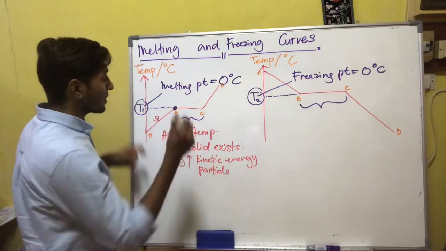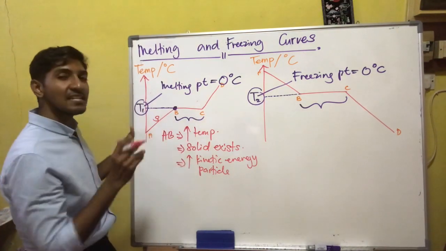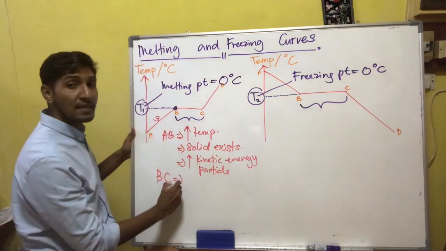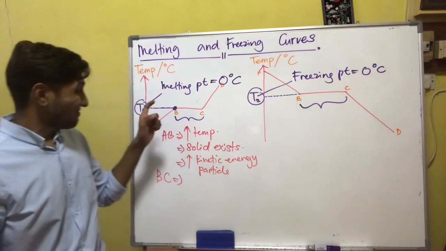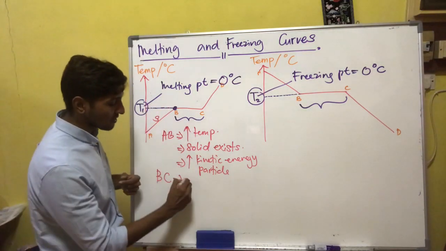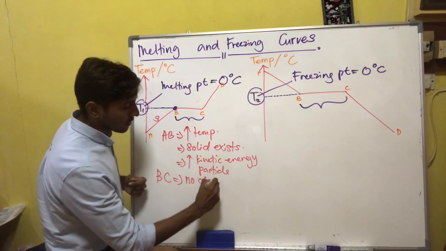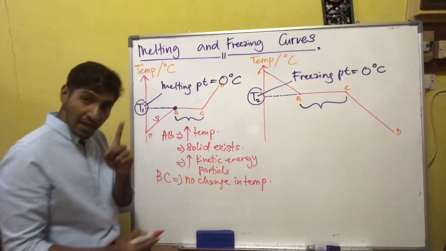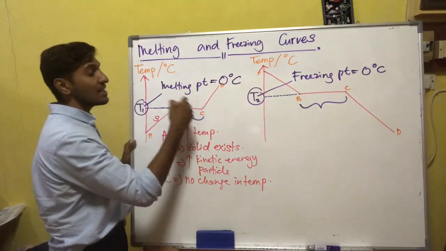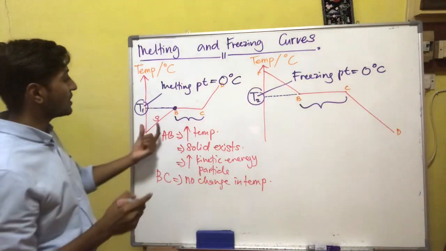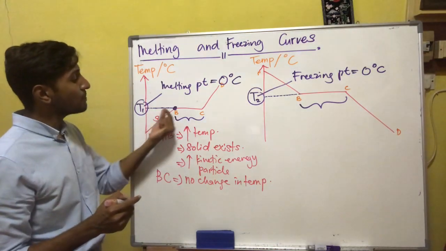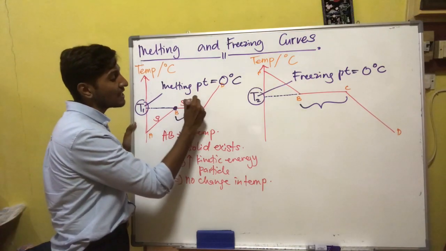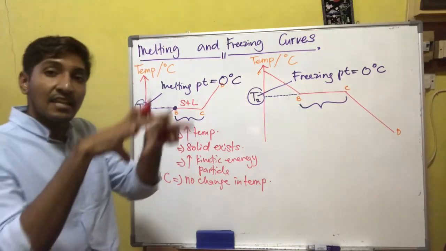Okay, got it. So now B and C is the crucial part. When we are talking about B and C, what can we say? There is no change in temperature, but there are changes in the states of matter. As we can say, A to B there's only solid, but B to C is when solid and liquid are coexisting with each other.